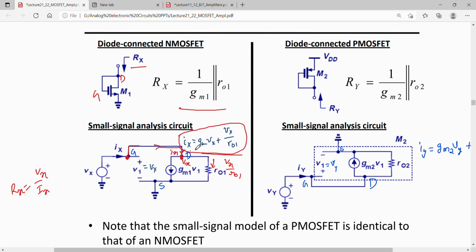Now from this, Vx by Ix could be found. Simply I take Vx common, so Vx by Ix would be equal to 1 by gm plus 1 by ro1.